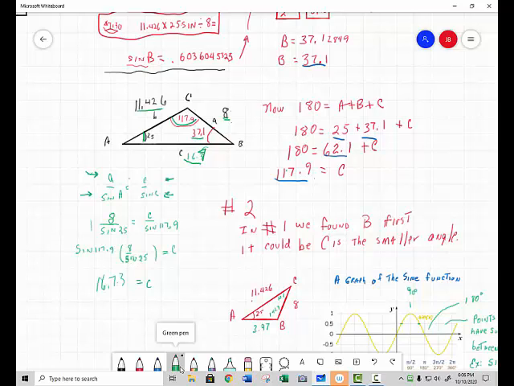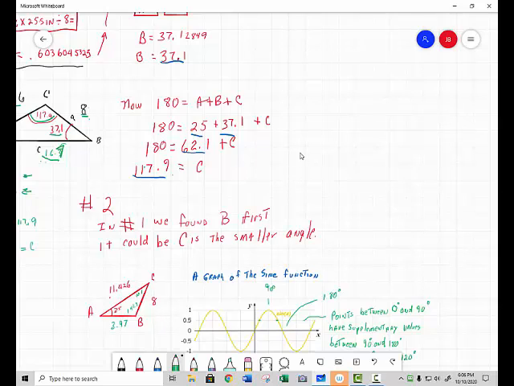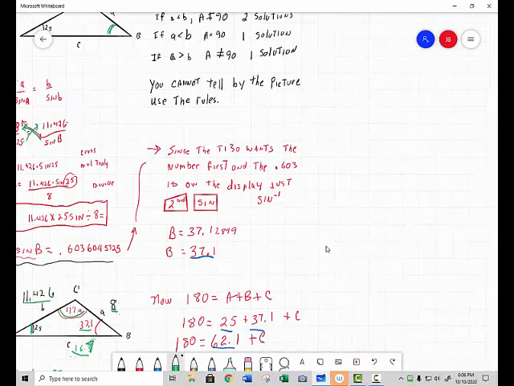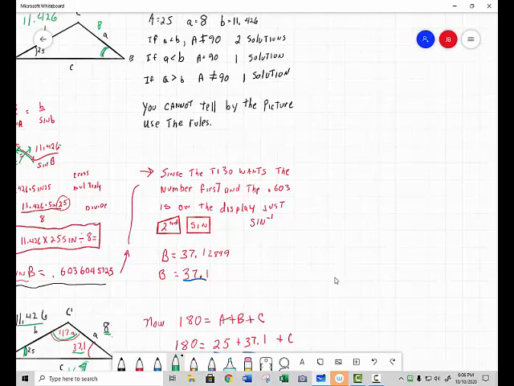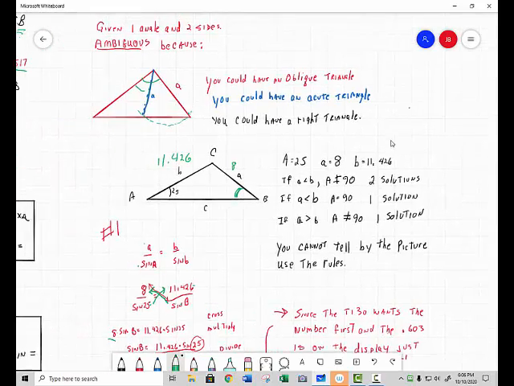Okay, now the problem we're going to run into is if I have one angle and two sides. Now, this is said to be ambiguous, and the reason it's ambiguous is because you can't tell what you've got.